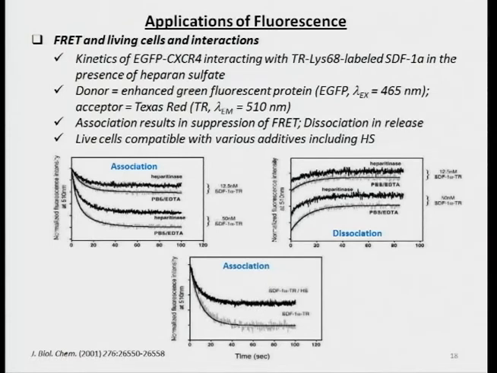This was published some time ago, and I have not really followed up as to what happened, but I thought this also is completely opposite to what I thought was actually happening in the system. So they labeled the receptor with enhanced green fluorescent protein, and they labeled the chemokine at position 68 with Texas red. So these are the two labels.